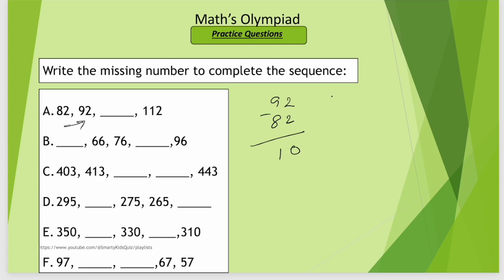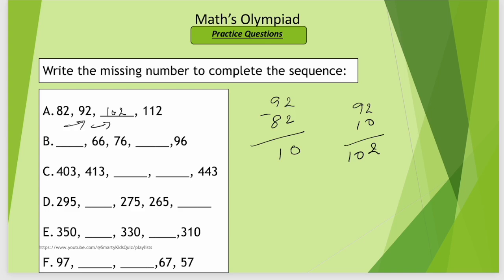So again from 92, what is this number? If you add 10 to 92, 9 and 1 make 10, so it is 102. So if this number is 102, it means here also it is increased by 10.